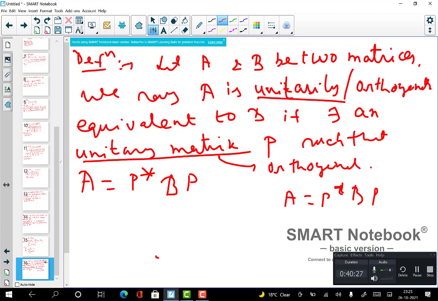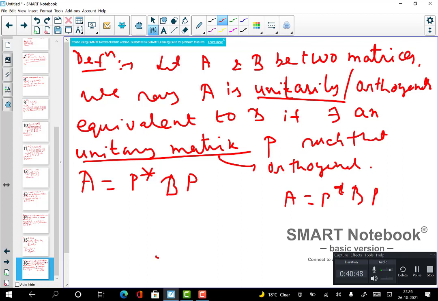Now why is this important? Because it gives you the classification theorem that we discussed one or two lectures before. Whenever a normal matrix is there, or other diagonal matrices are there, it may not always be normal.